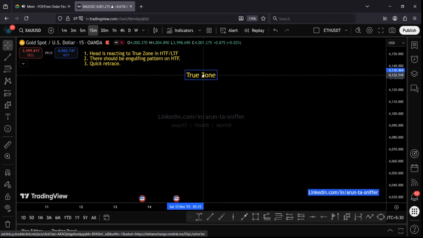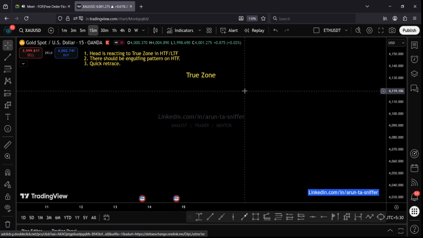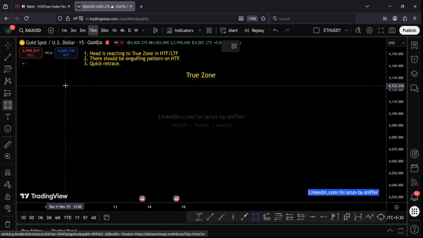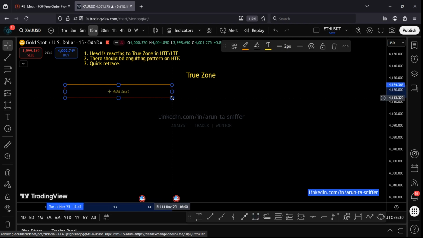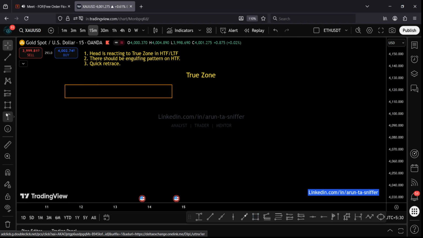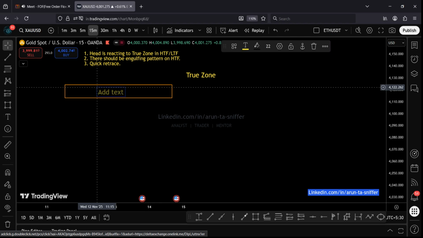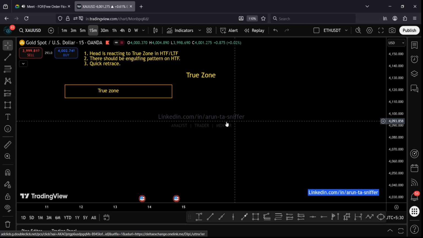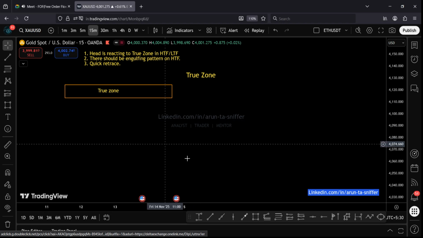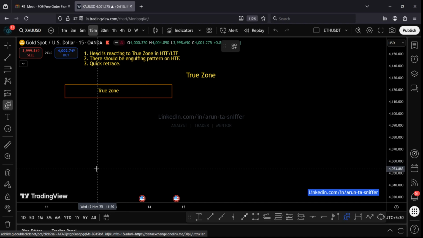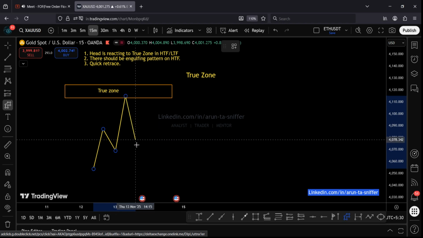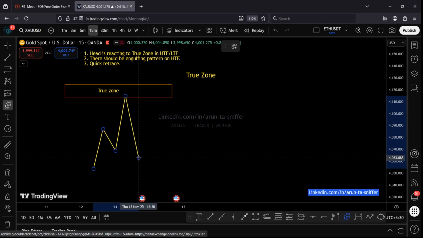Okay, so in QM, think like here is a true zone on LTF or HTF, any, just a true zone. Price goes up like this: high, low, higher high, lower low, right?